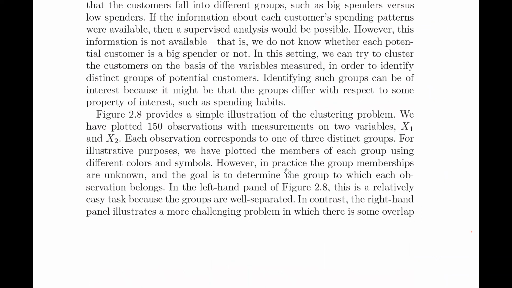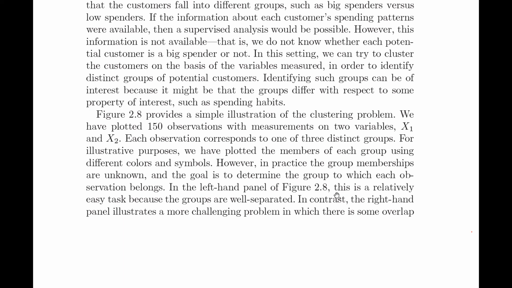Each observation corresponds to one of 3 distinct groups. For illustrative purposes, we have plotted the members of each group using different colors and symbols. However, in practice, the group memberships are unknown, and the goal is to determine the group to which each observation belongs.